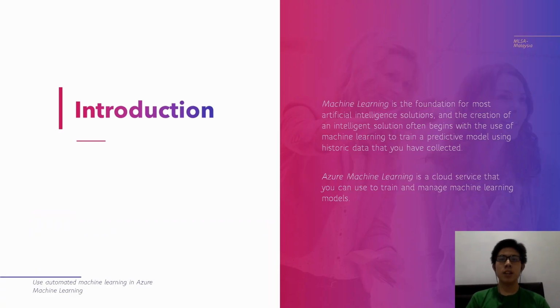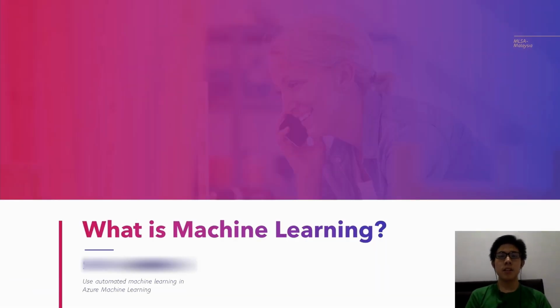So, machine learning is the foundation for most artificial intelligence solutions, and the creation of an intelligent solution often begins with the use of machine learning to train a predictive model using historic data that you have collected. Machine learning is a technique that uses mathematics and statistics to create a model that can predict unknown values.